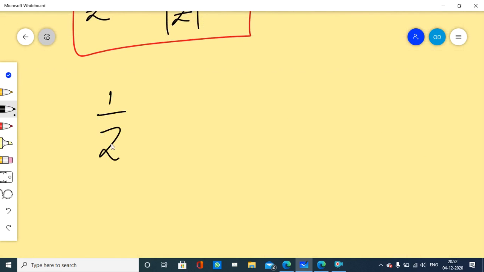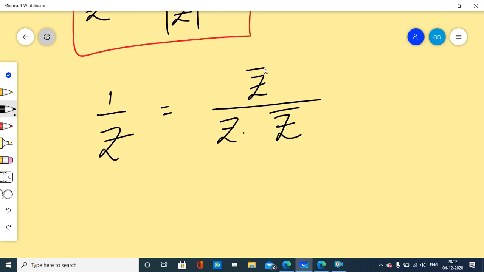There is 1 by z. We want to find the value of 1 by z, right? We want to bring it to standard form. Now guys, if I multiply the same thing on the numerator and denominator, does the complex number change? No, right? So I am going to multiply the conjugate of the denominator. What is the conjugate of z? Z conjugate, like this, on the denominator and also on the numerator.